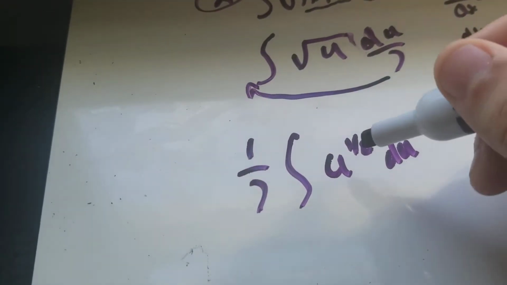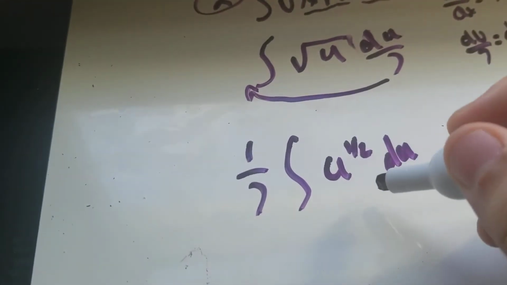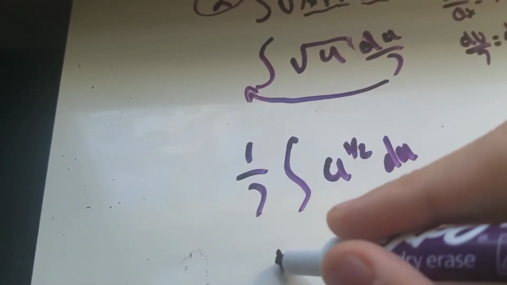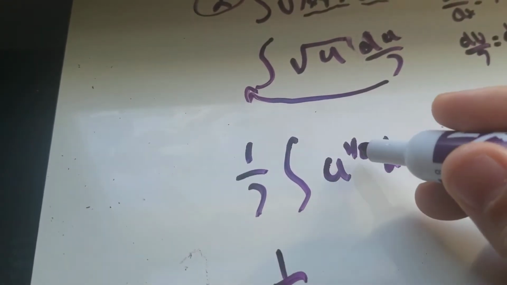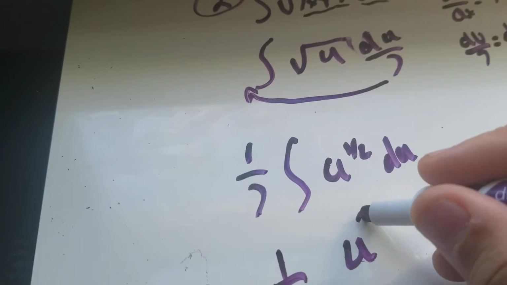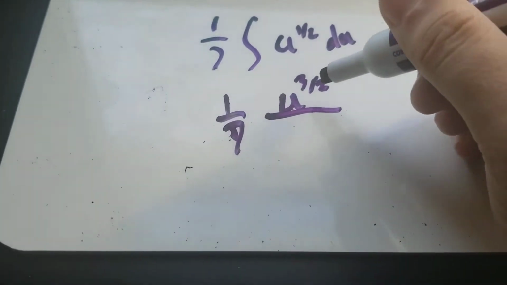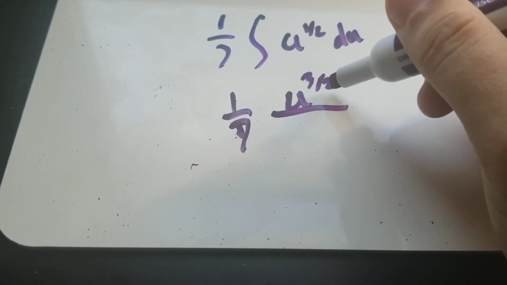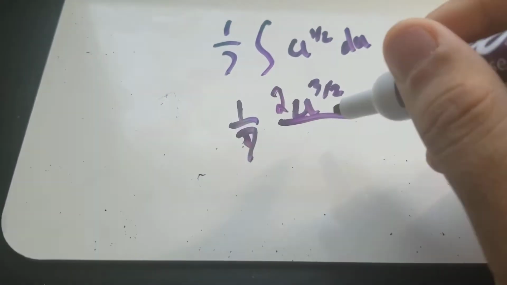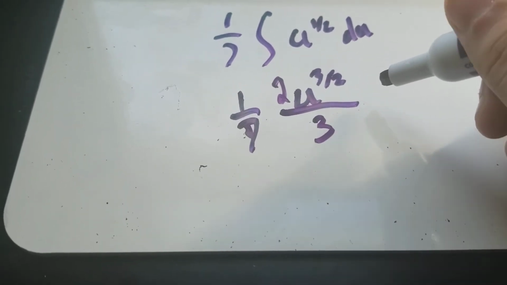Let's do the antiderivative of the half power. We add 1 to the exponent, so that's u to the 3 halves, and then divide by the new exponent, so that's the reciprocal, 2 on top, 3 on bottom.